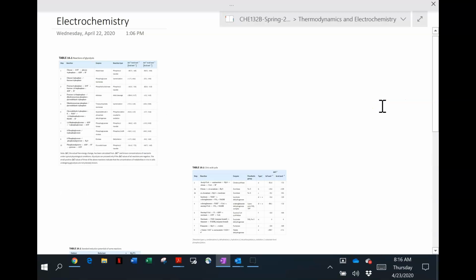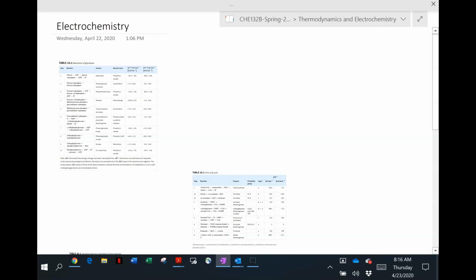So electrochemistry, I always think it's a shame that electrochem is pretty much the last concept that we introduce as a new concept in general chemistry, because it's got a lot of importance and applicability. And I usually talk about the several things that electrochemistry is.